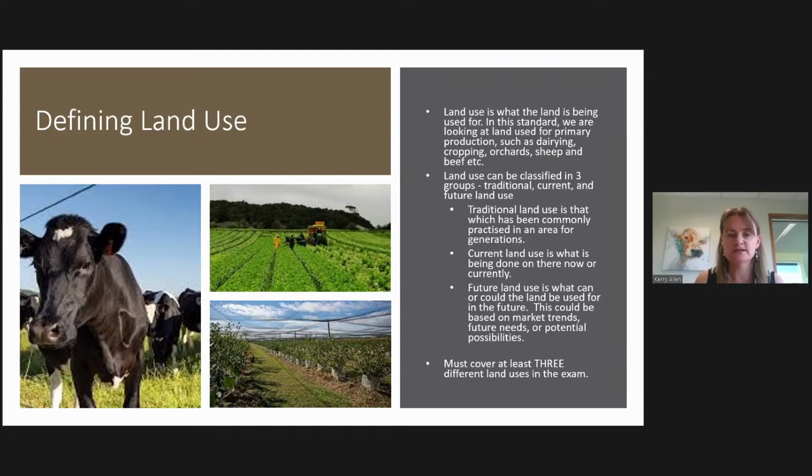And future is what could happen to that land or what could it change to in the future, or a prediction. Sometimes we can base these on market trends, future needs, or potential possibilities, such as there is a lot more area going into hemp. So you might make a prediction on a future possibility of where hemp could be grown.